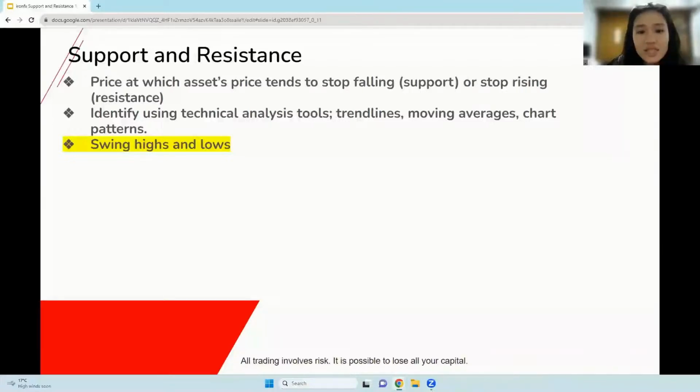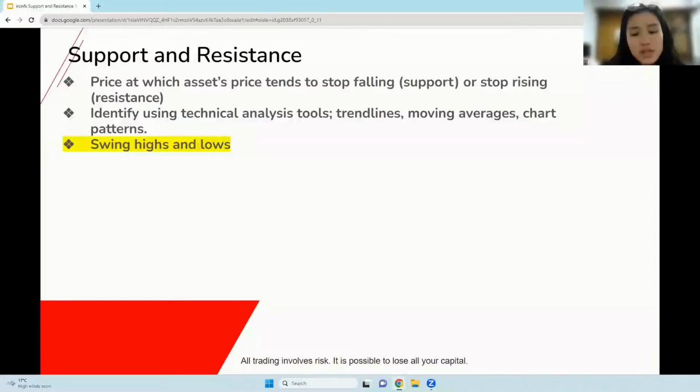To identify these levels, you can use technical analysis tools such as trend lines, moving averages, chart patterns, and so on and so forth. Additionally, you can also look at previous highs and lows of the asset, as well as volume data to identify potential levels of support and resistance. So this is basically what we will be focusing on today.